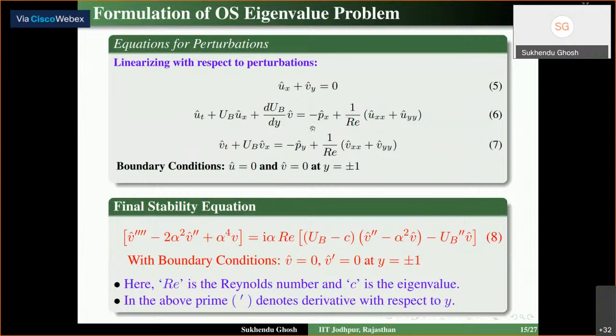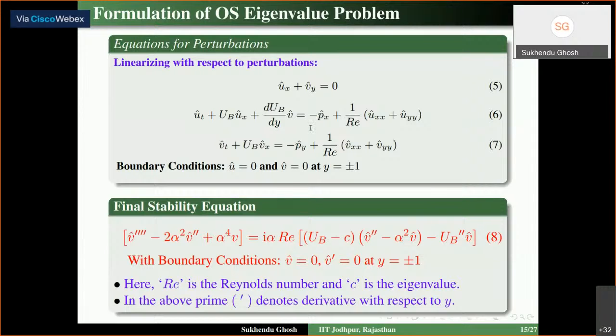Then the one variable p cap can be removed using simple mathematics. After removing p from these equations, differentiate equation 6 with respect to y, differentiate equation 7 with respect to x, and then add, or subtract, which will help you remove the variable p.